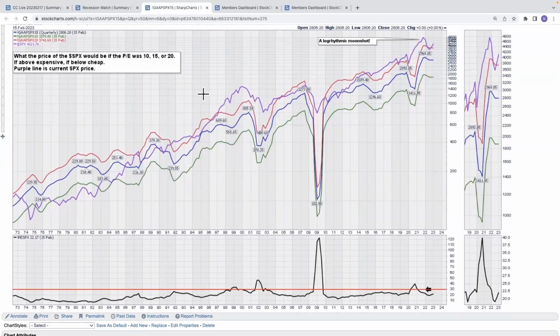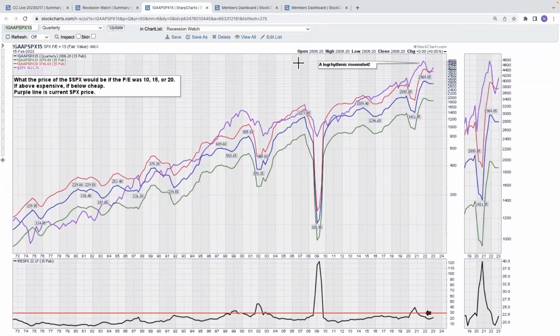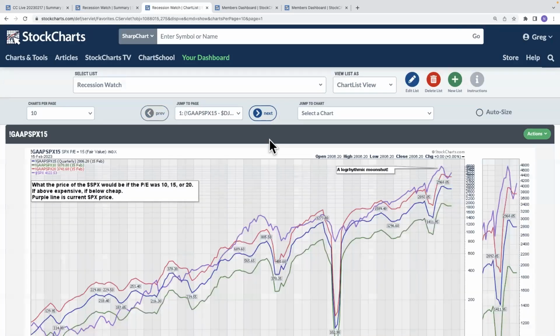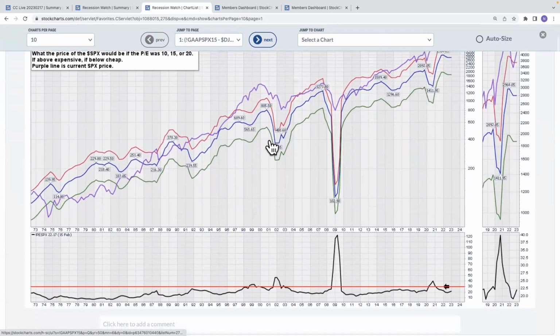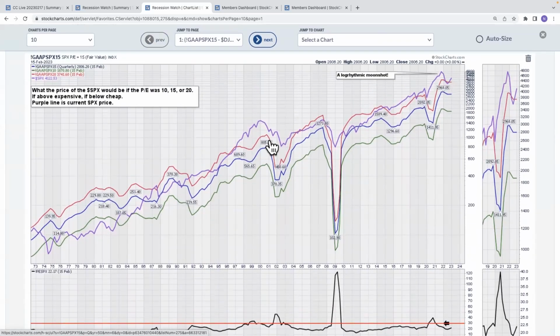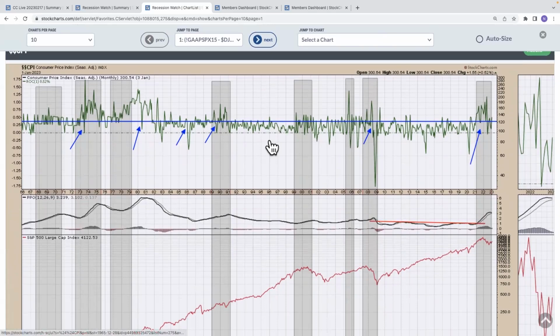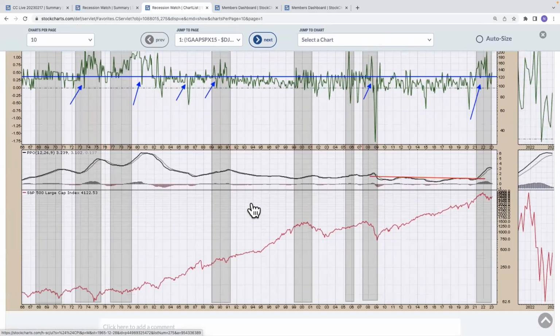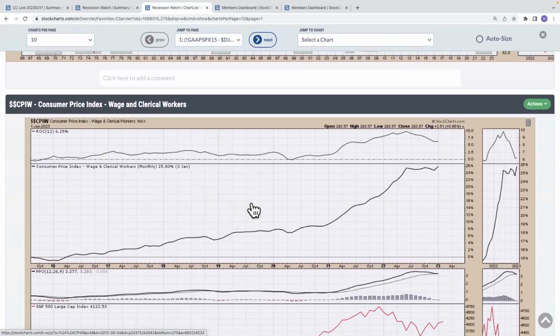And as you work through this list, it can have all kinds of rare stuff in it. You're not going to look at this chart when you're in a big bull market, you're going to look at it as the market's rolling over and you're wondering, are we in a recession? Well, now you can just go and you've got all the charts already set up around CPI and wages, etc.